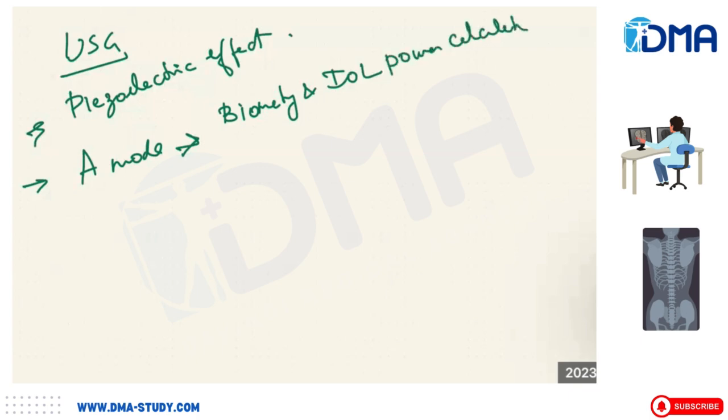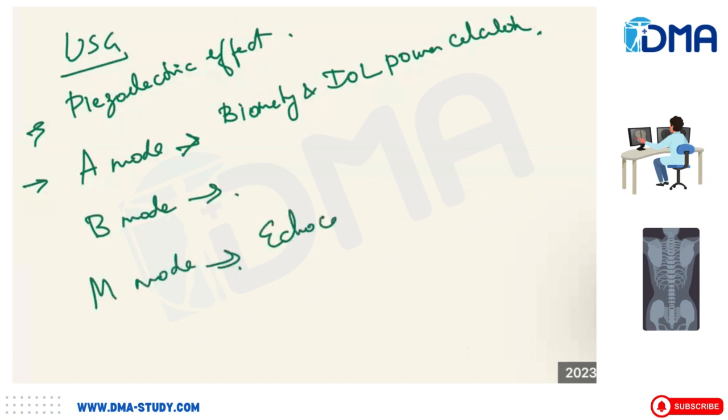It is most commonly used in ophthalmology. B mode is the one which we use most commonly in our images. M mode is the motion mode, which you use in echocardiography. We also use this M mode in the diagnosis of pneumothorax.